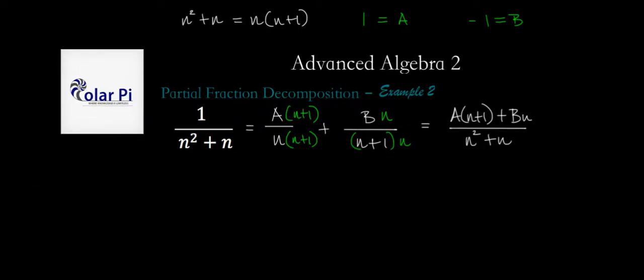Okay, now what do we do next? Well, we're done, because what we're after is being able to write this as a over n plus b over n plus 1, and we figured out what a and b have to be. So we see that this fraction here, or rather rational expression, can be split into two rational expressions, one of which is 1 over n, and the other is negative 1, which is b over n plus 1.